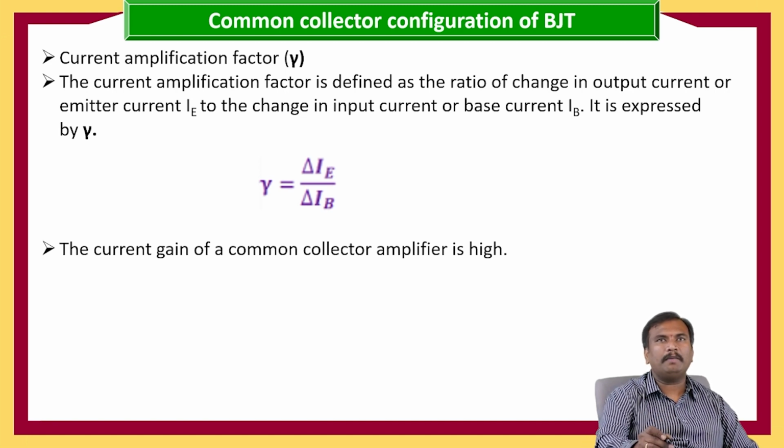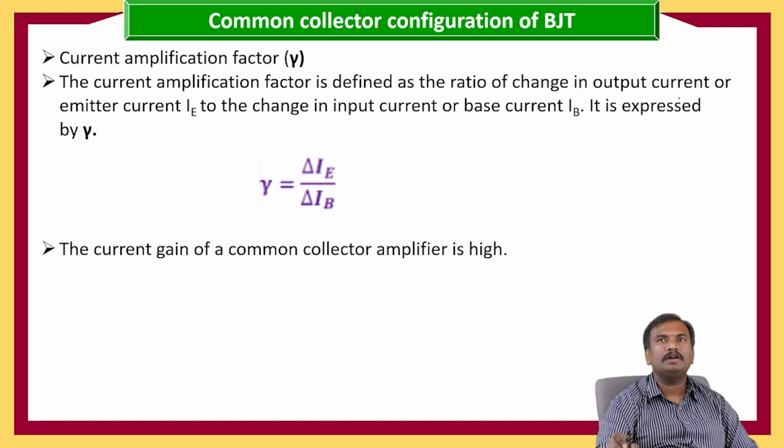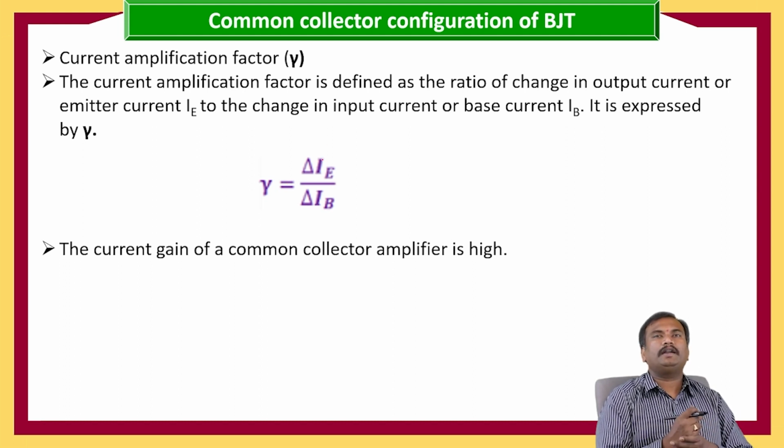And here the current amplification factor. The current amplification factor is defined as the ratio of change in output current or emitter current to the change in base current or input current. It is expressed by gamma. The current amplification factor is the output current by the input current, that is, the change in output current delta IE by the change in input current delta IB.